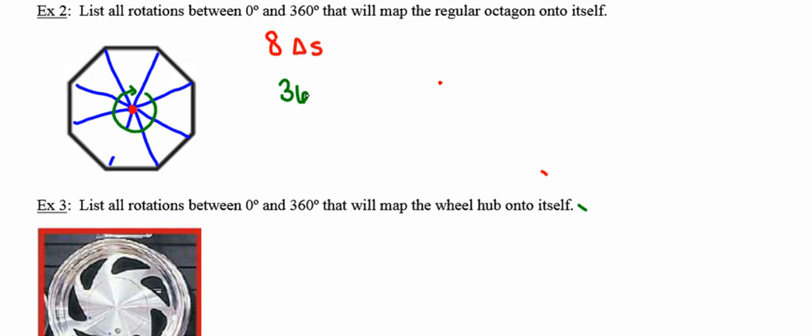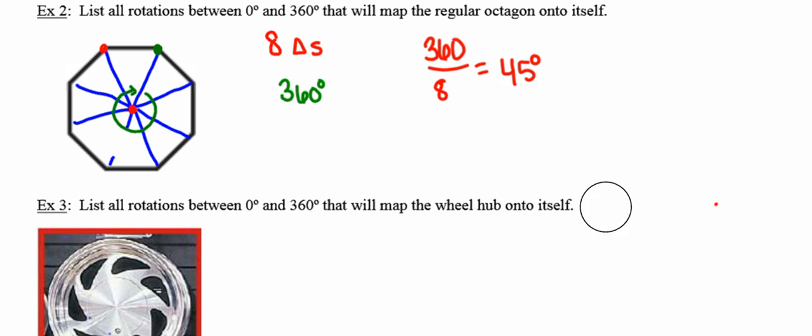Now I know that in one complete revolution, that octagon is going to have to go 360 degrees. So to figure out how many degrees will carry that green vertex onto that red vertex, what I'm going to have to do is take the 360 degrees total and divide it by 8. So I find that a rotation of 45 degrees will map each vertex onto the next consecutive vertex.